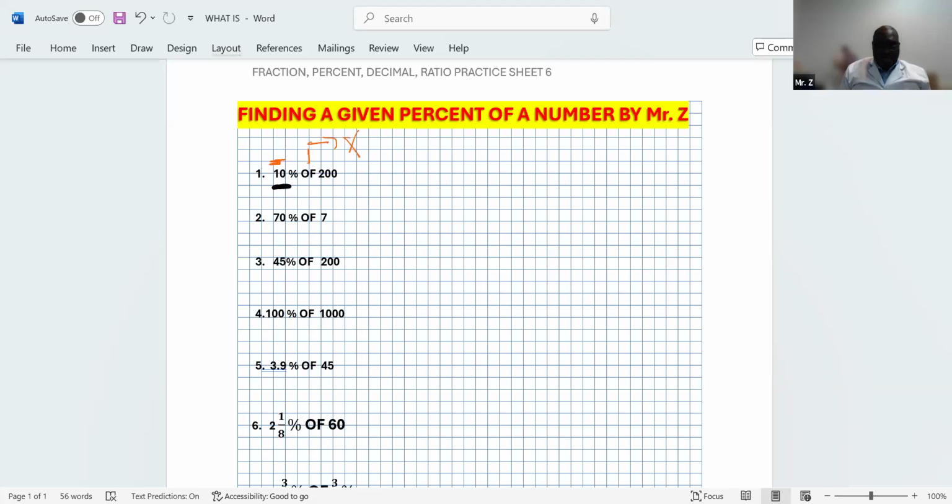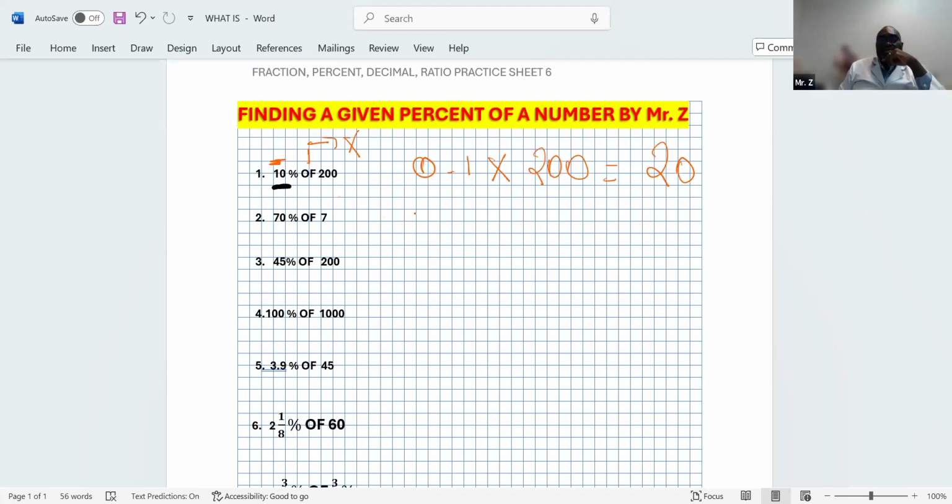Multiply 0.1 by 200, and you get 20. Your answer cannot have a percent sign, because you are finding a given percent of a number, so the answer has to be a number without a percent sign.